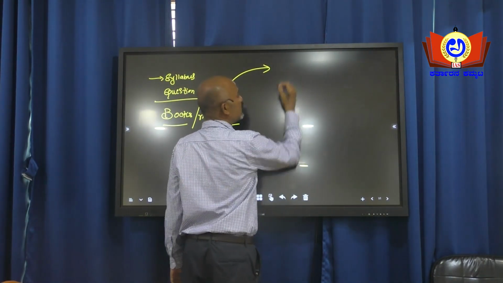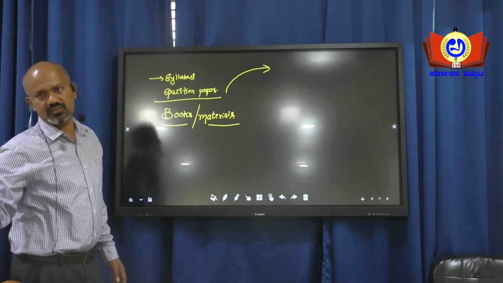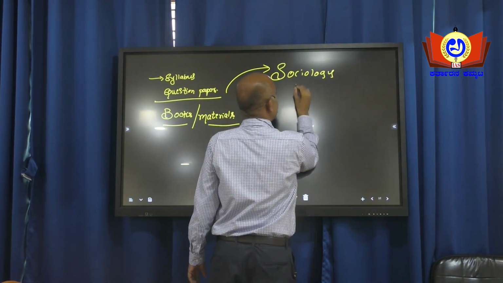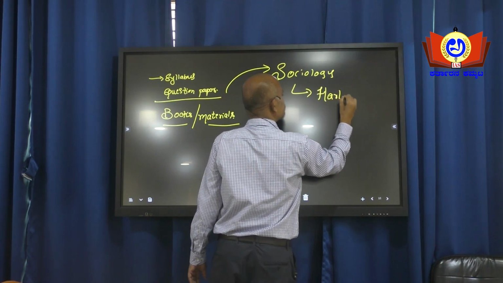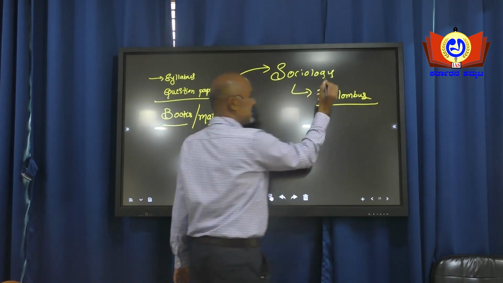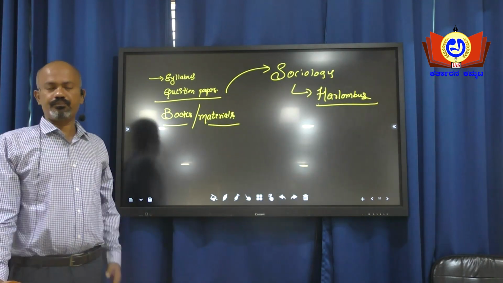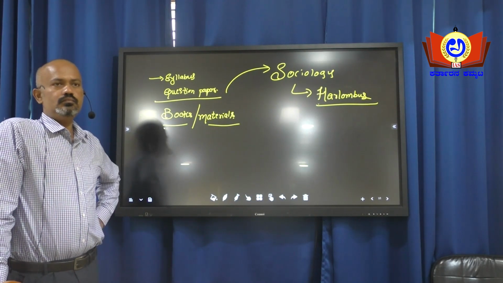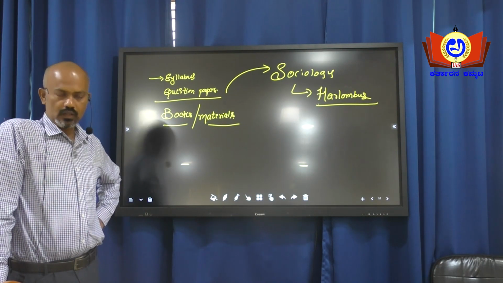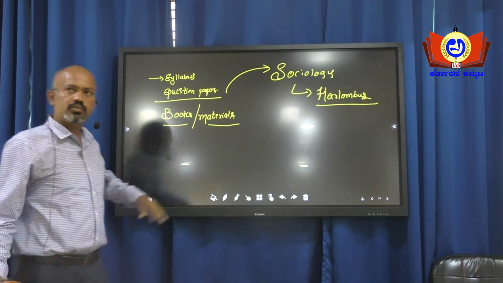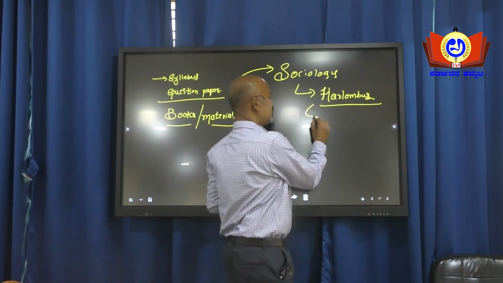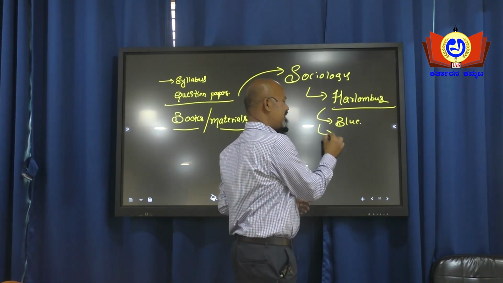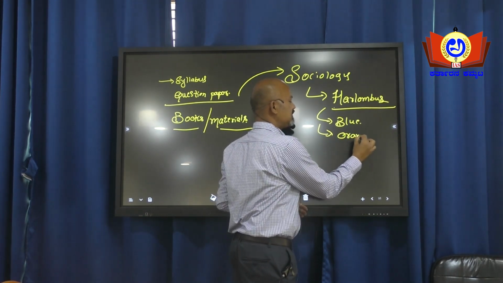When it comes to sociology, the key books are, any idea? Haralambos. Sociology by Haralambos. When it comes to Haralambos, 2 books are there in the market. One is a bulky book, colored blue, and there is a little thinner book, orange colored.